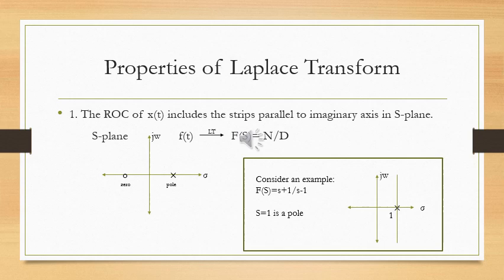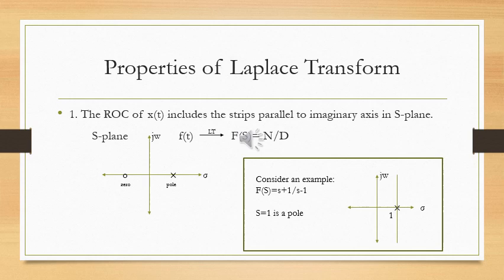This is a straight line which is parallel to the imaginary axis in the s-plane. If the denominator was (s minus 1)(s minus 2), we would have got 2 poles. We can get n number of poles based on the F of s equation.